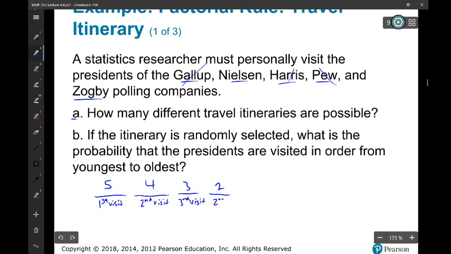And then only 1. 4th and 5th. 5 times 4 times 3 times 2 times 1 is 5 factorial, or 120.